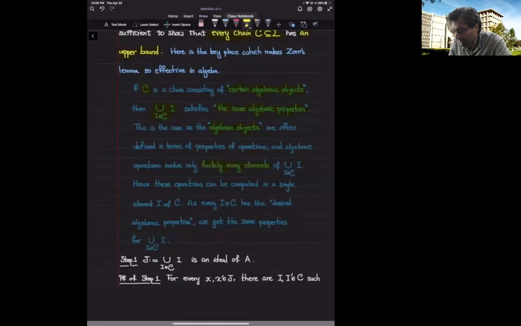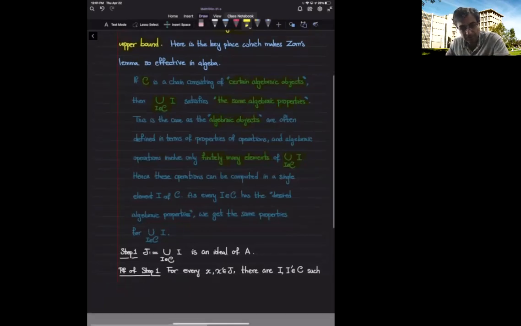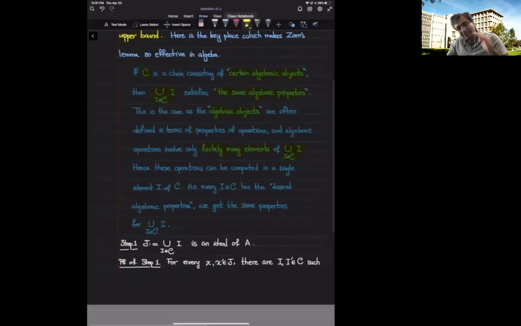Because these operations involve only finitely many elements, I need to take finitely many elements from this union and check whether or not they satisfy the same properties with respect to the operations that we have. But because these are chains, when I give you finitely many elements inside these chains, there is a largest one. And all these elements belong to the largest one.